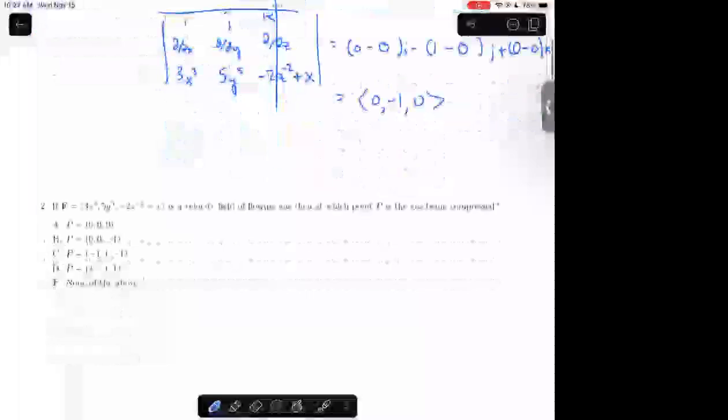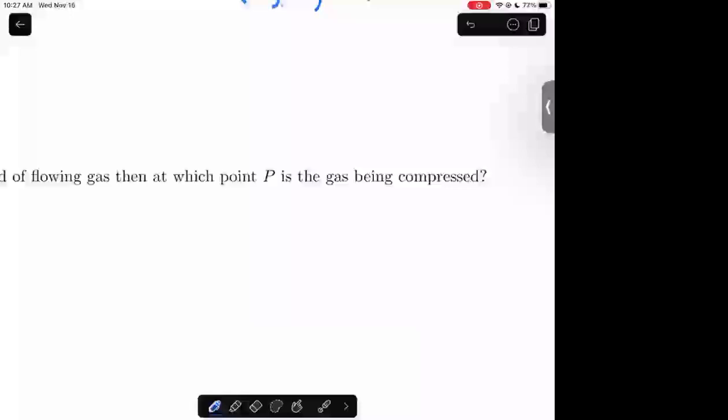Next one, it talks about the same vector field, but now the setup is a velocity field of a flowing gas. We want to know at which point the gas is being compressed. So we need to remember something about compression and how this came up. You may remember that if the divergence of F was equal to 0, this was incompressible.